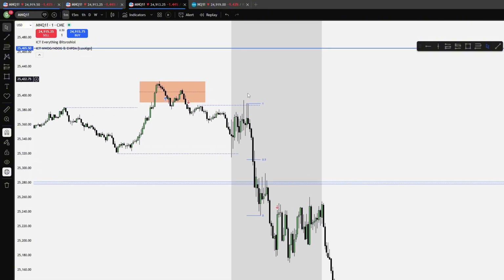So we don't retrace back up to our entry here. Our entry would have been here, and notice how the body's respecting this new day opening gap. We have another stop run here. Wicks do the damage, bodies tell the story, and then we get another short here.